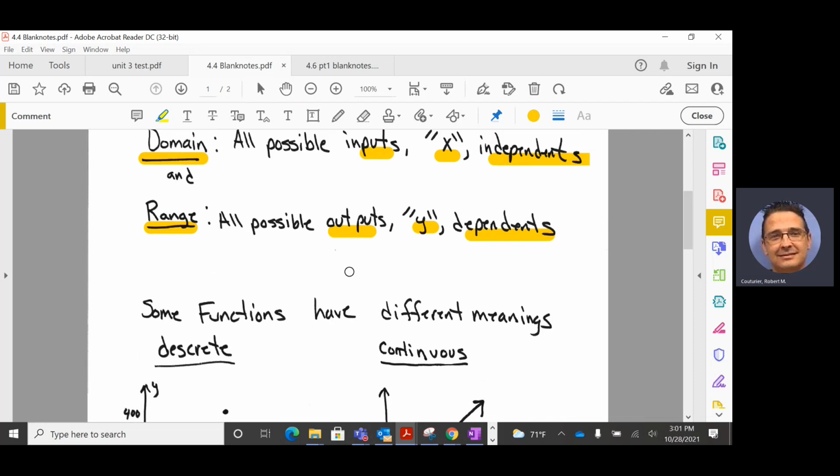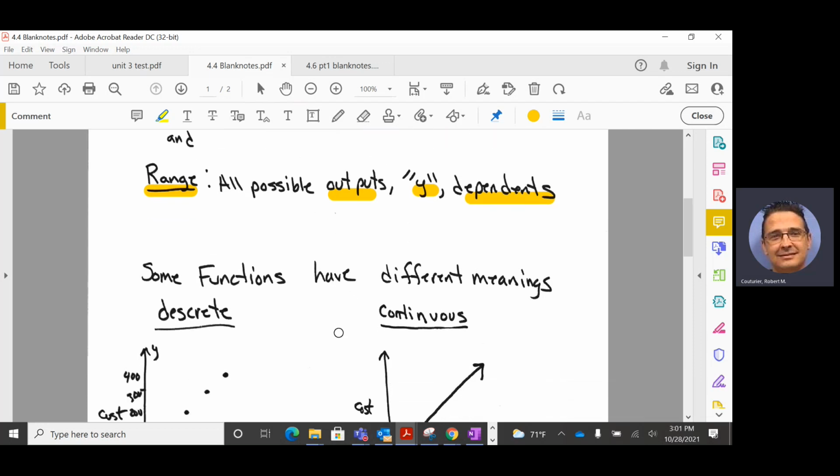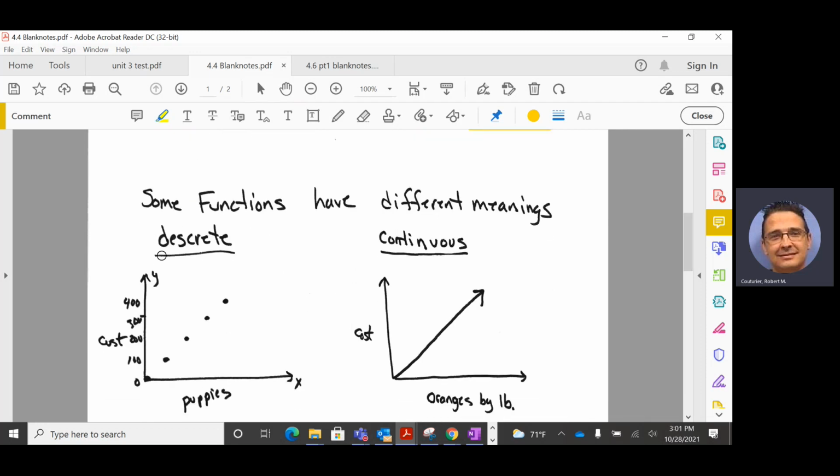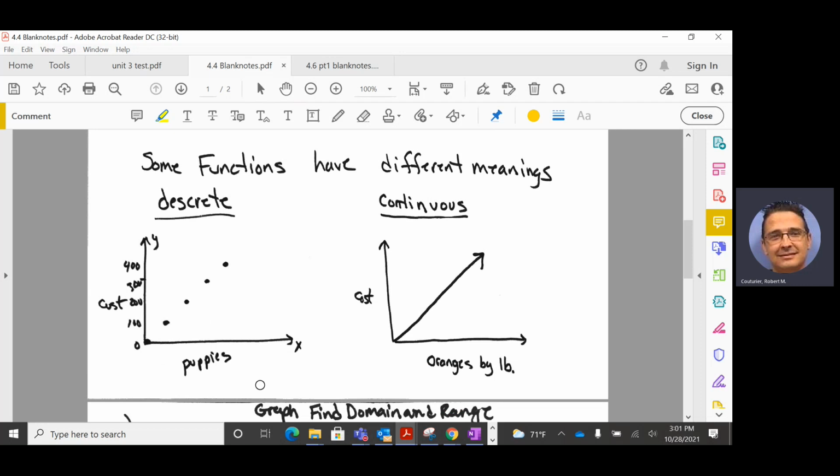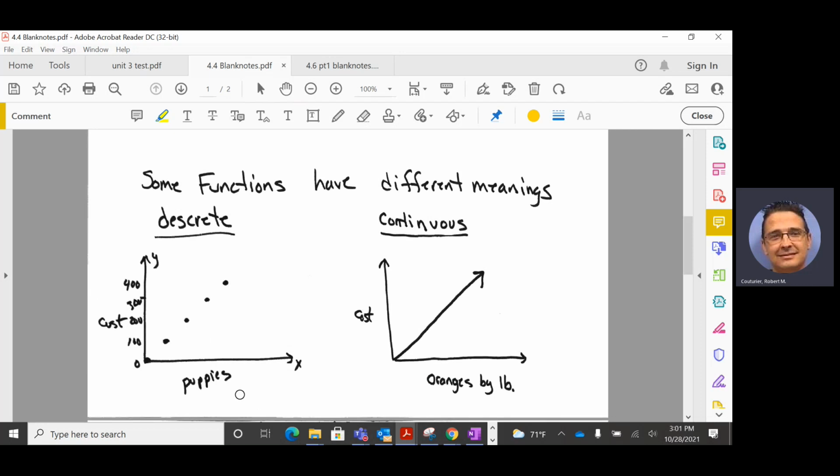And there are, of course, different types of graphs, and we have talked about some of these where we can represent this, right? Some of them are called discrete, some are called continuous. I love using this one because although it kind of seems a little gross, it really sticks the point in your head. Pet shops that sell pets, puppies, if they're doing their cost, like what they're selling by cost, right?